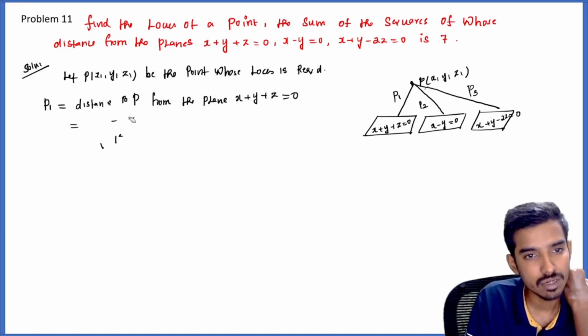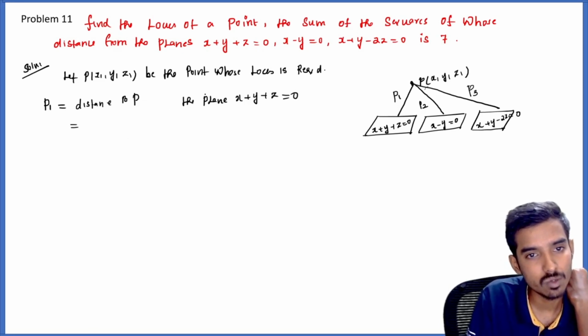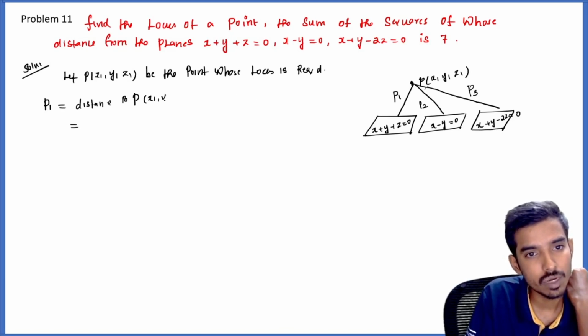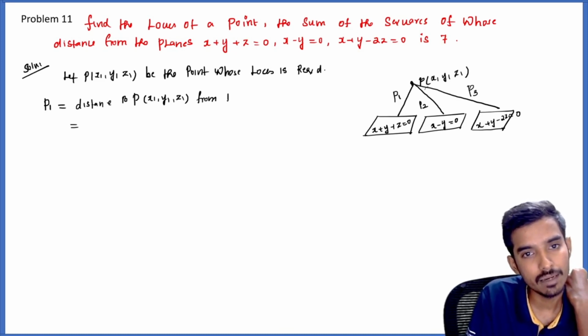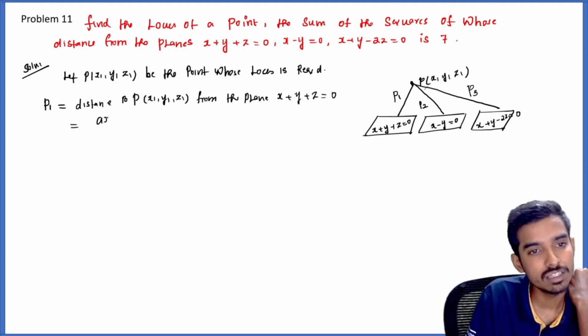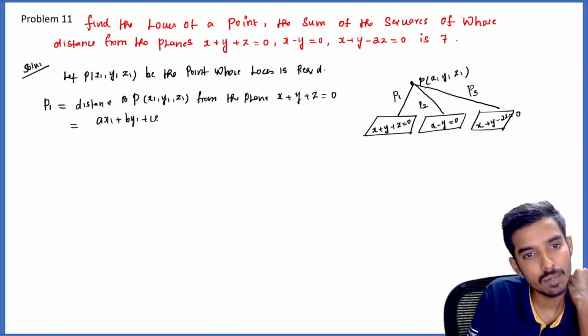If you want, I can also write this in detail. The point P is x1, y1, z1. Distance of P from the plane x plus y plus z is equal to 0. So we know the distance is ax1 plus by1 plus cz1 plus d divided by root of a square plus b square plus c square.